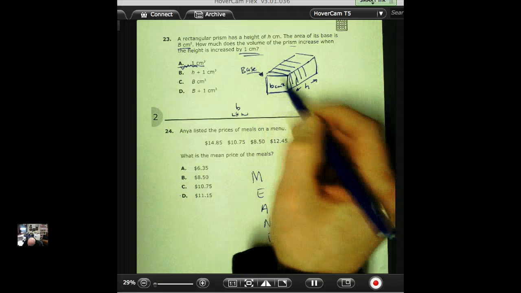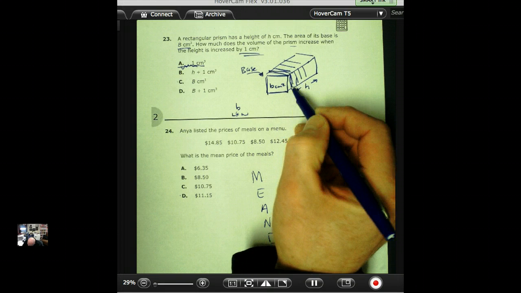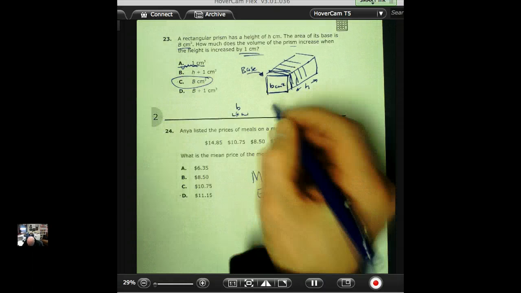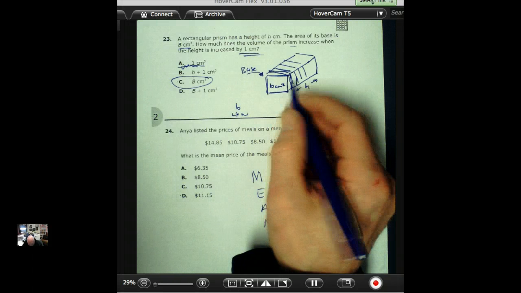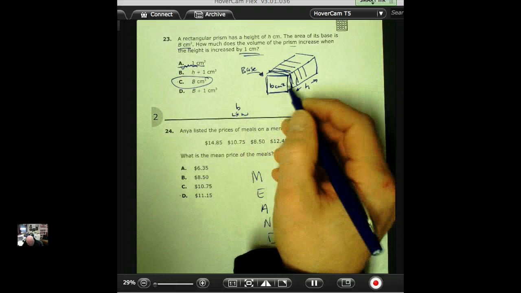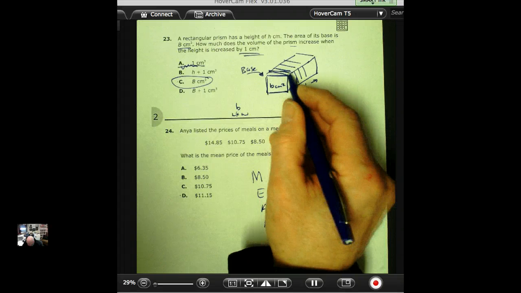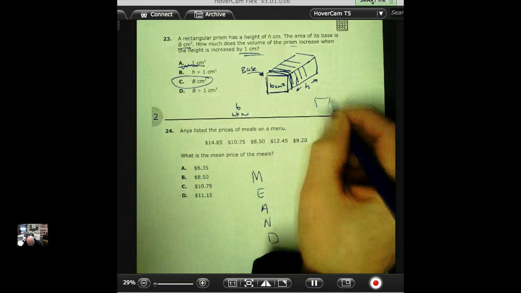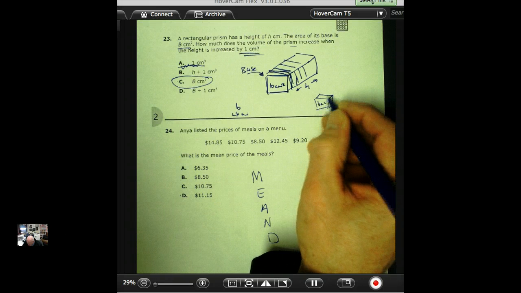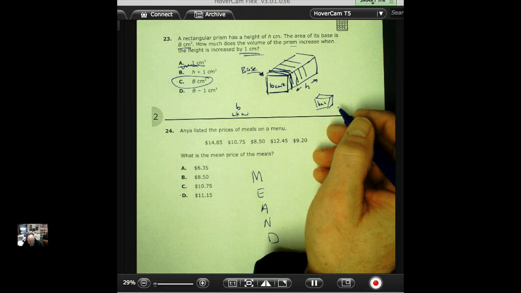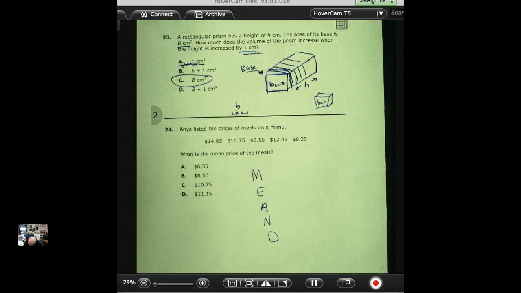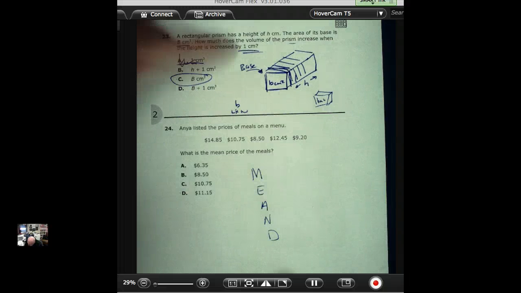So when you take the base and multiply it by 1 centimeter, in other words, it's one layer, this is the correct answer, because it's going to be whatever the base is times centimeters cubed. If the base happened to be 6, it would be 6 centimeters cubed, because you're going up by a unit of just 1. So it'll be your base centimeters squared, and then you're just adding that third dimension of 1 centimeter. It's kind of a conceptually difficult thing. Maybe you want to talk that one through with your parents. Sorry I messed this up by circling the wrong 1 centimeter.